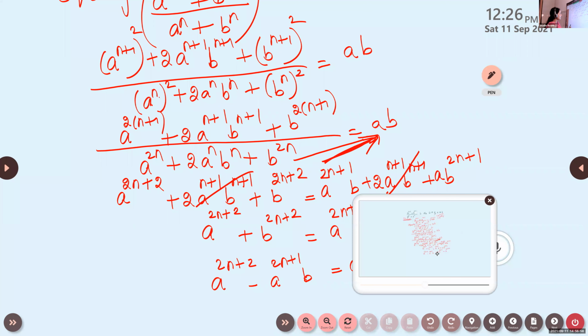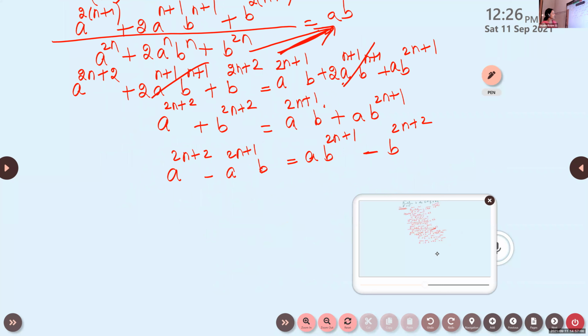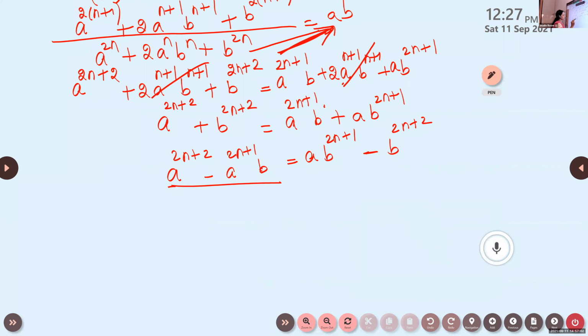So the next step is from these two terms, I'm going to take something as common. Suppose we have like this, ab square minus a square b. What can you take as common? a square b minus ab square, what can we take as common from these two terms? ab.